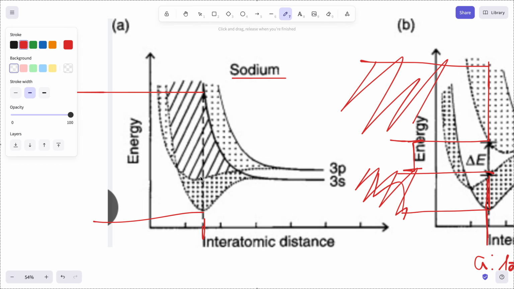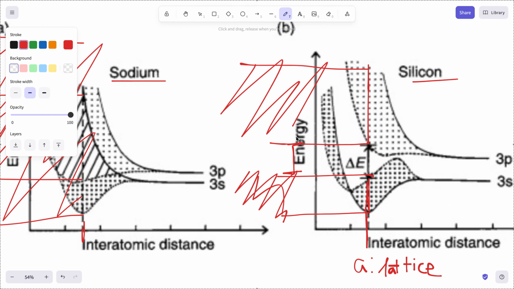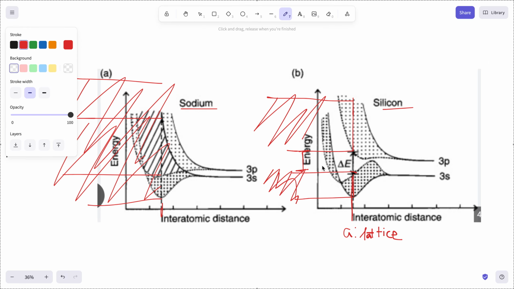The bands overlap with each other, which is why sodium is a metal and why silicon is a semiconductor, because here the valence band and the conduction band overlap, so that the electrons can exist in a kind of free, mobile state, whereas here it takes energy for the electrons to move to that mobile region where then they can behave as conductors.